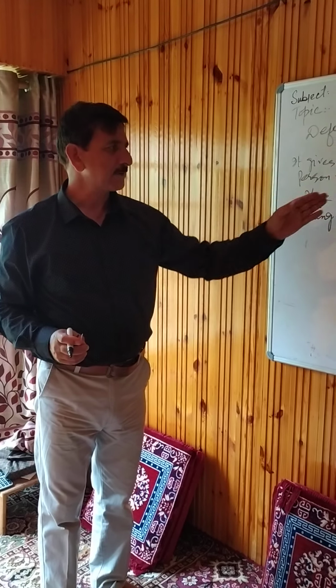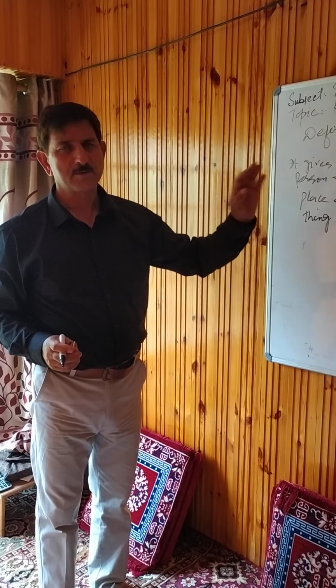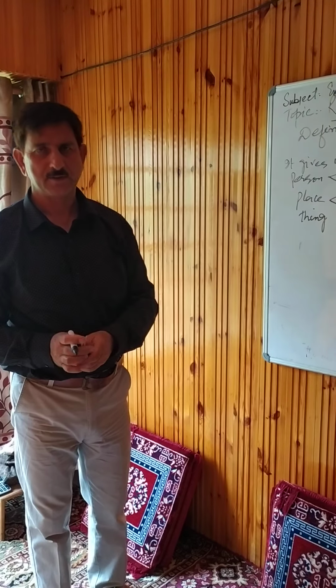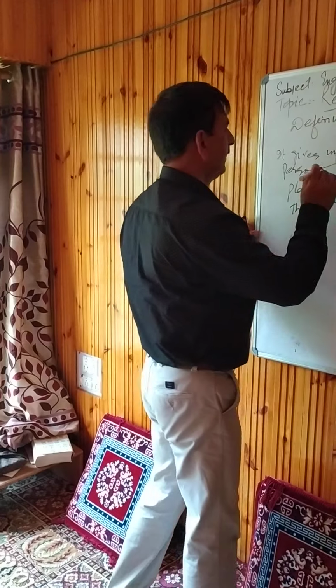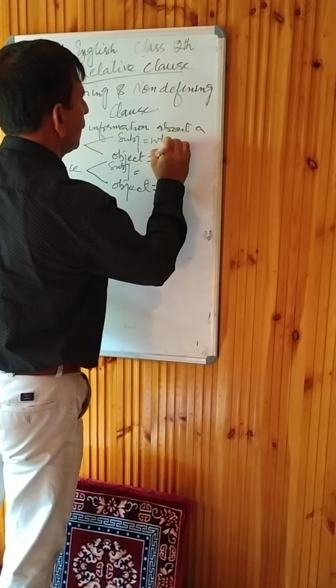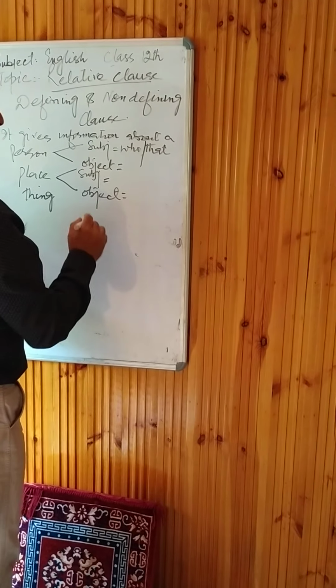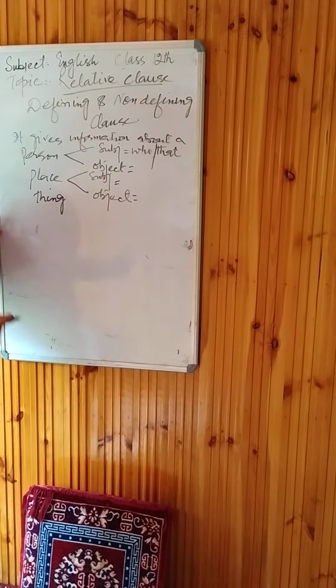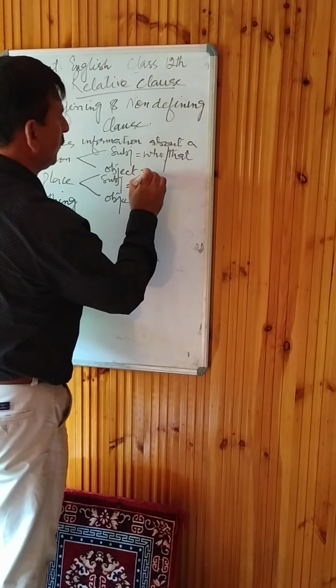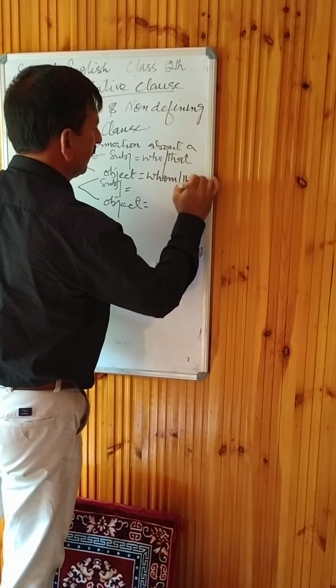A person could be a subject or an object, and for that there are different conjunctions. For a person as subject, who or that. If it is object, whom or that.